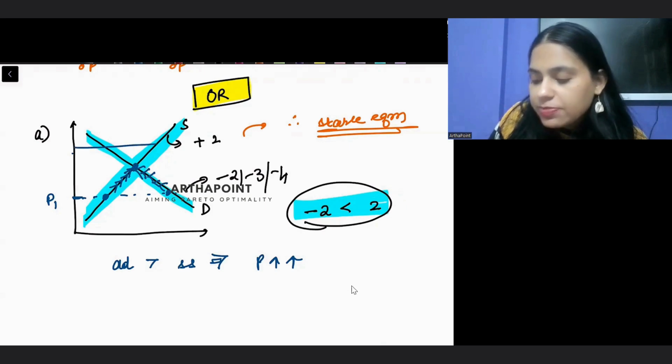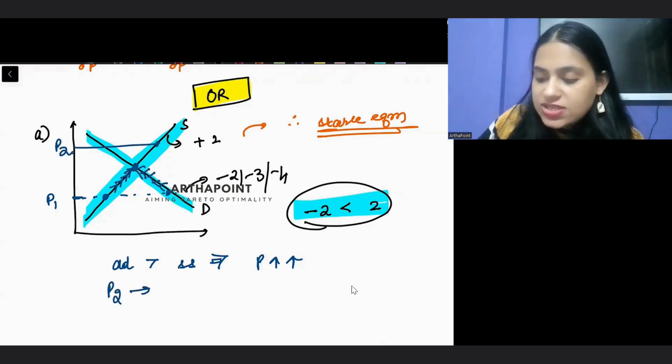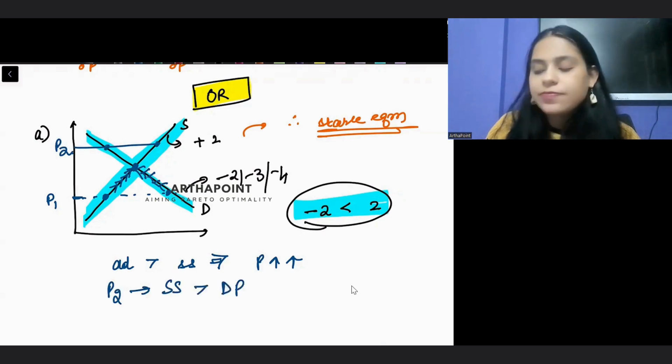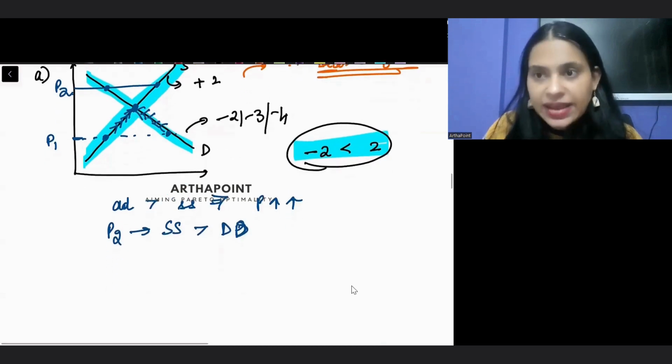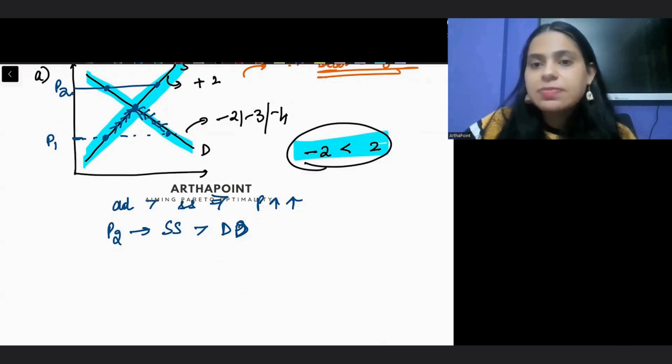If I take any price which is very high, say P2, at P2 supply is more and demand is less. Supply is more than demand. So, beta, if supply is more than demand, what will happen in the market? Excess supply. It's like somebody is supplying you a lot of units. It happened during the Great Depression.